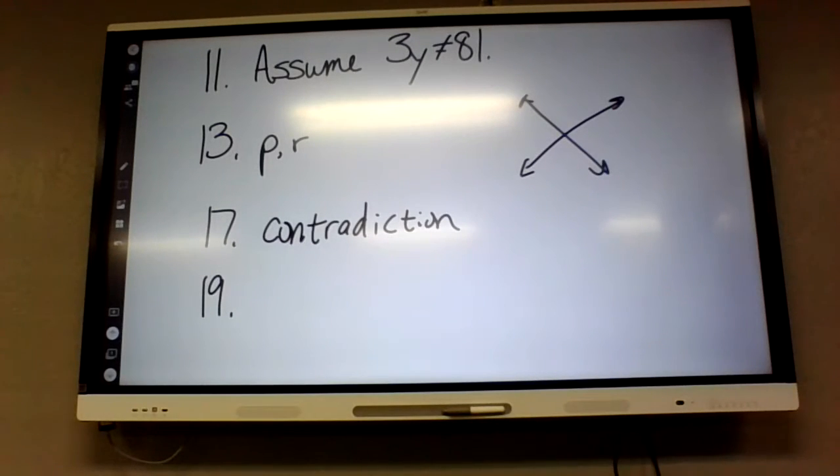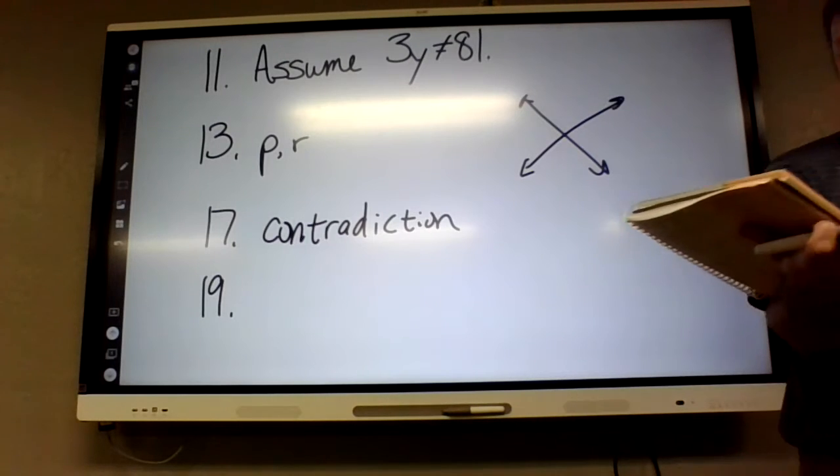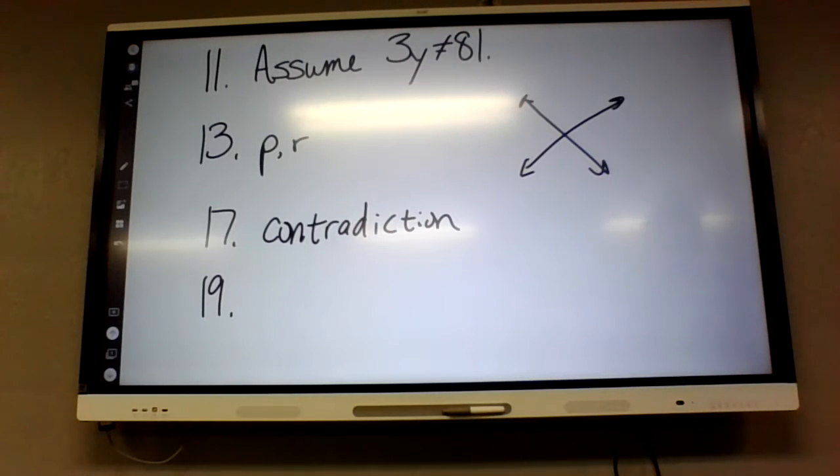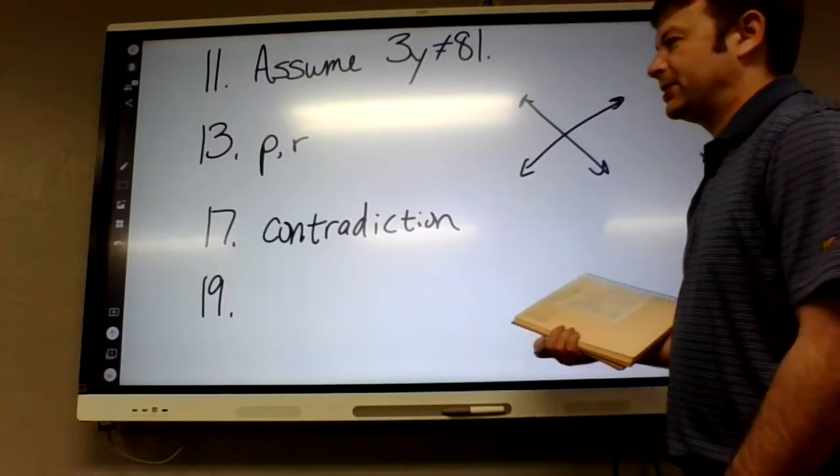Okay, 19 is kind of a trick question. It says, if triangle XYZ is equilateral, can triangle XYZ be isosceles? Can it be equilateral and isosceles at the same time? Yeah. Okay, here's the trick.